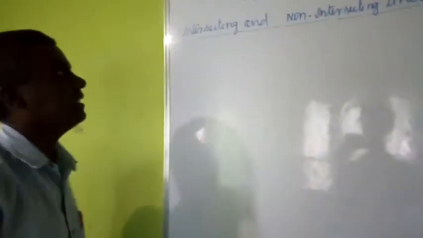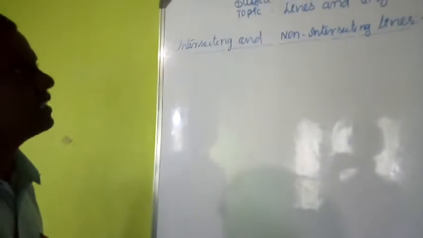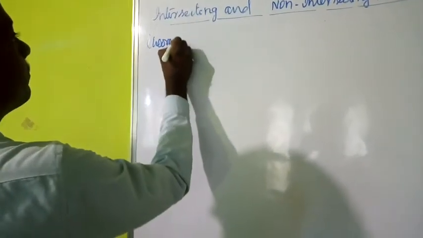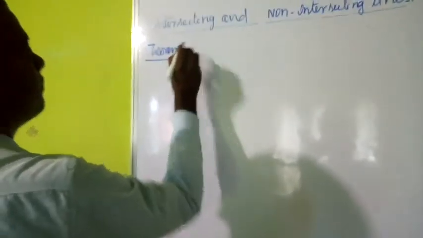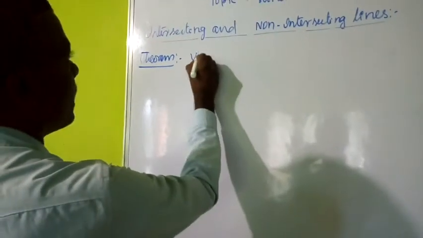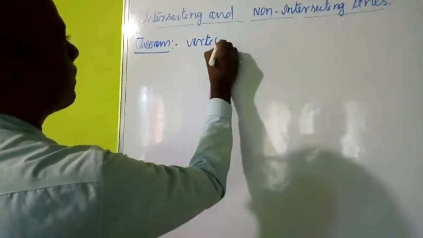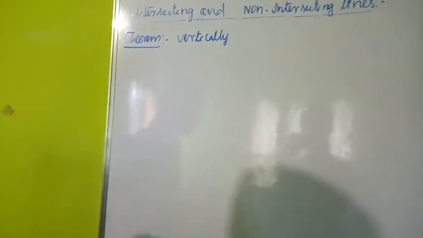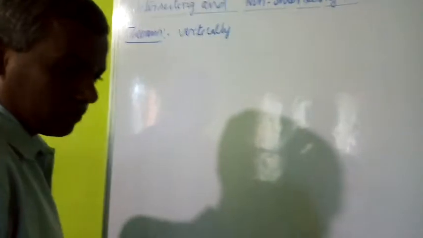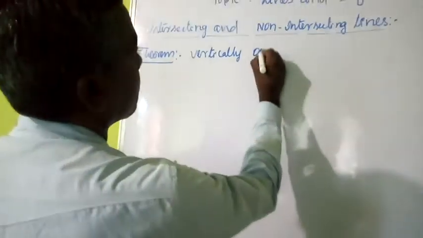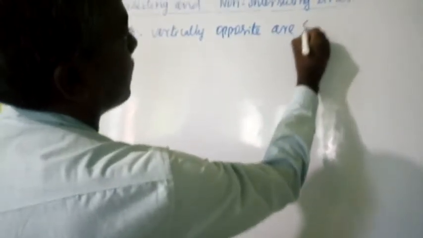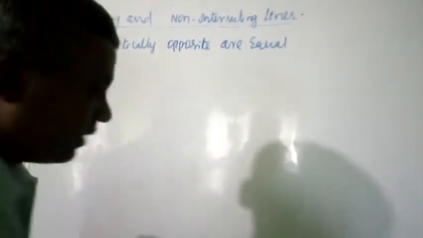Based on these intersecting as well as non-intersecting lines, we have a theorem here. That theorem is: vertically opposite angles are equal.